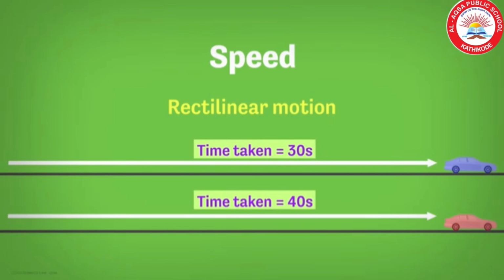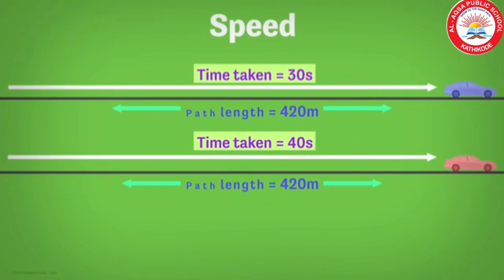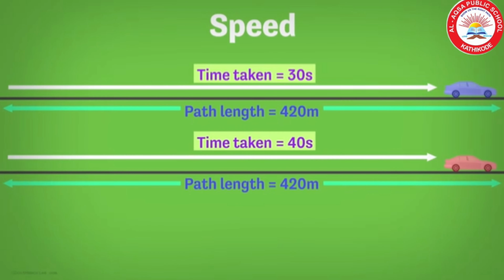Yes, here comes the equation for speed. For that we need not only the time, we have to know the distance covered by these two cars. By this figure we know that the distance covered by both of them is the same. So here we can say that it is 420 meters.